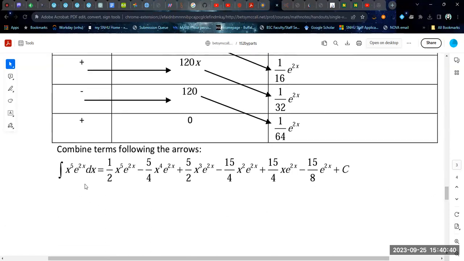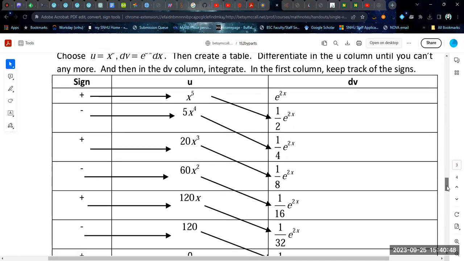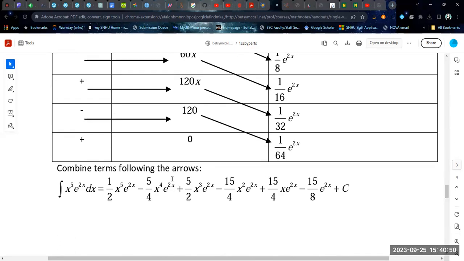And if you do the simplifying with the coefficients, 5/4, and then you had 20/8, so the 4's canceled. Then you had 60/16, so you had a 4 cancel, and 60 divided by 4 is 15.